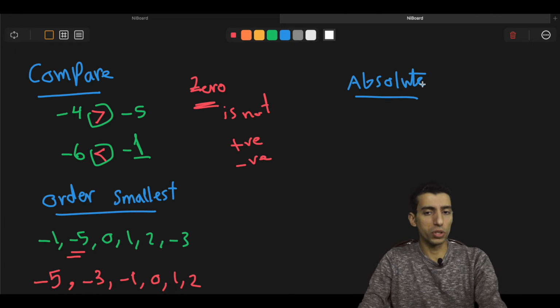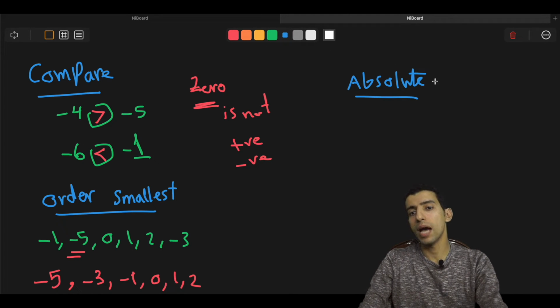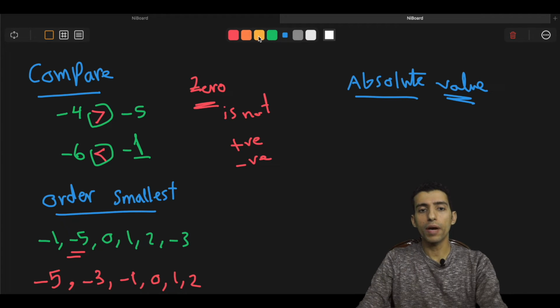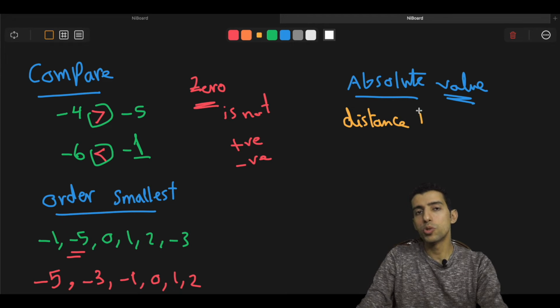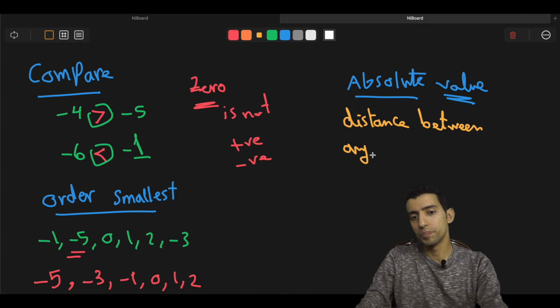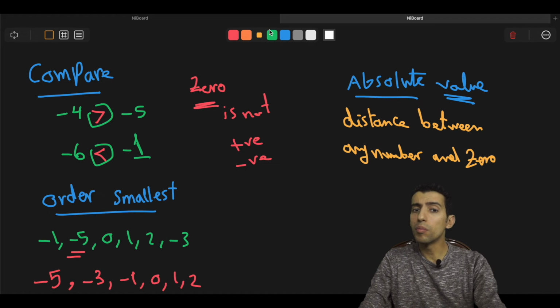What about the absolute value? What is the absolute value? Absolute value means distance. Very important: it's the distance between any number you're talking about and 0.